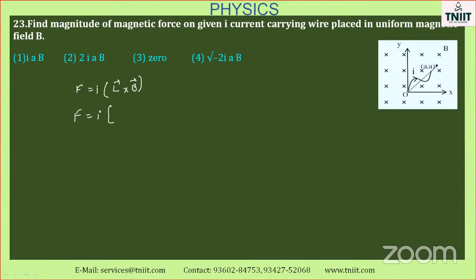What is the distance formula over here? This component is A, this component is A, right? Then what is this distance?